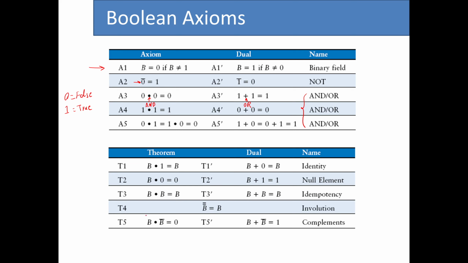The first one that we have is the identity theorem, which says b AND 1 equals b. Let's see what each one of these theorems says in a more visual way.